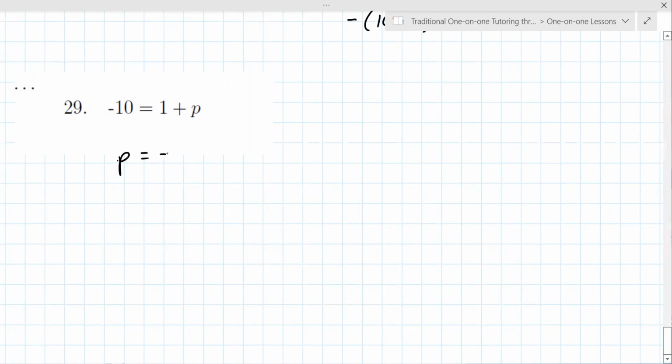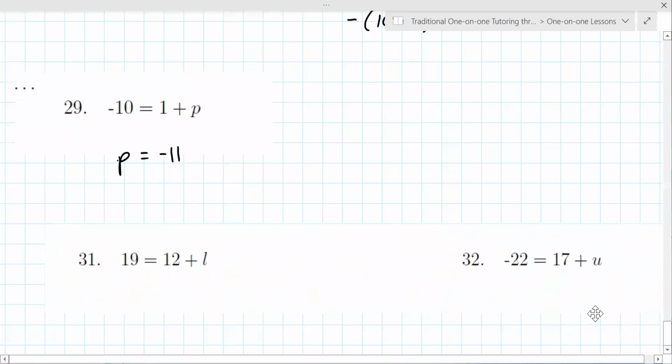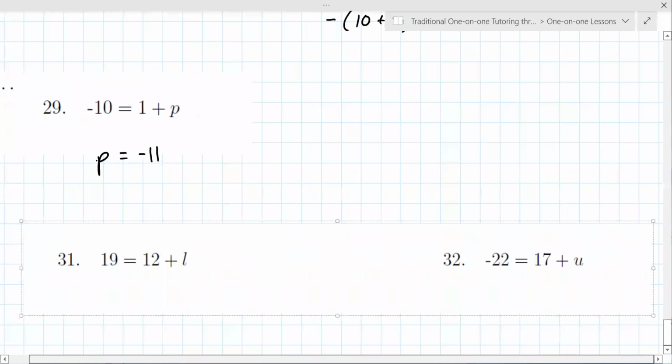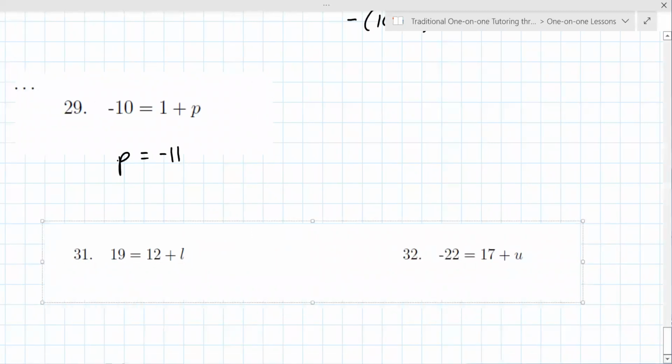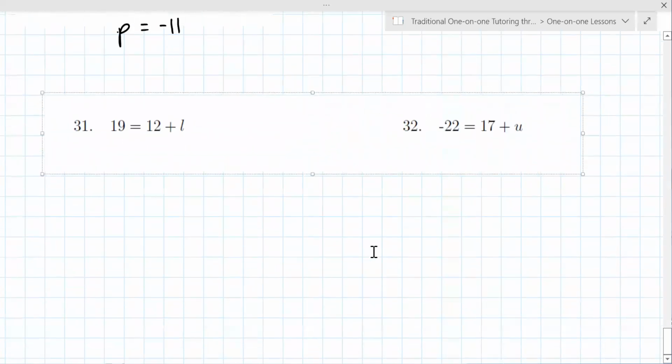P equals negative 11. Perfect. All right, let's do one more here. Just a couple more here. Here's 2 more problems for you to look at. Sorry, let me just scale this a little bit different. There we go. Okay, go ahead and try both of these and let me know what you come up with.